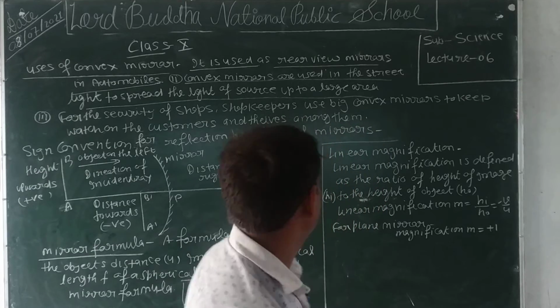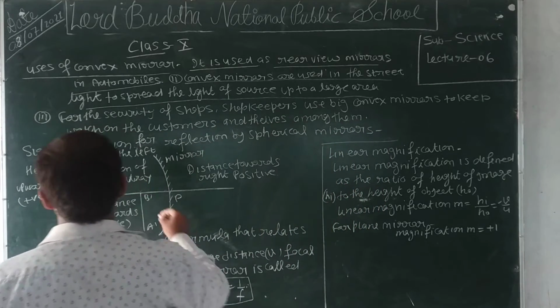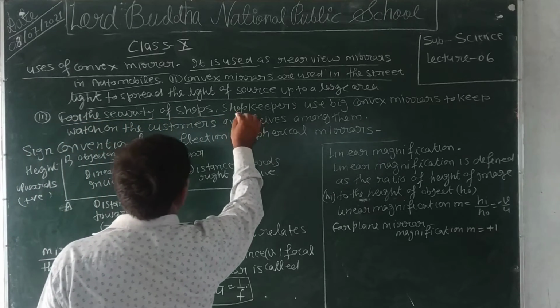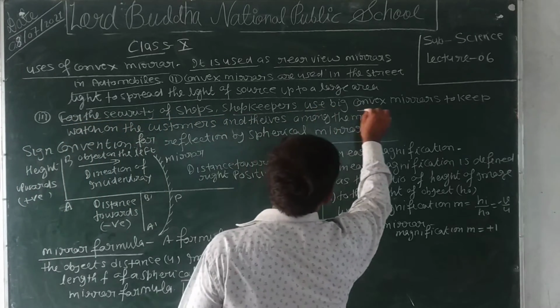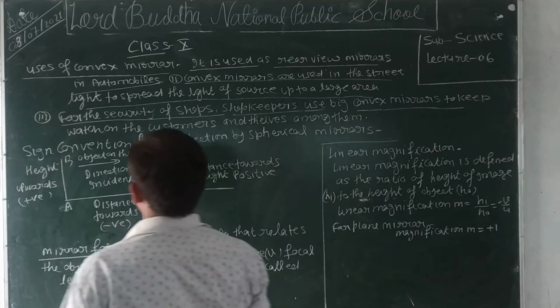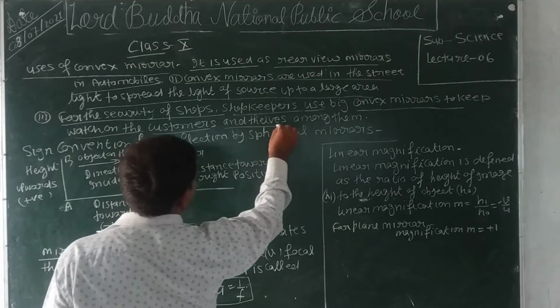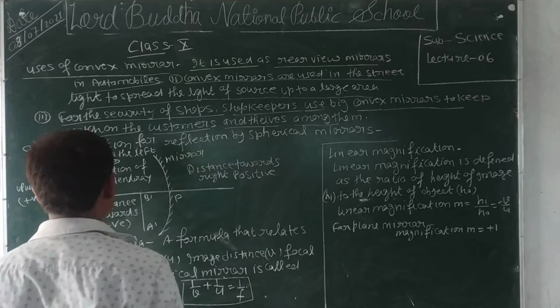The next one is for the security of shops. The shopkeeper uses big convex mirrors to keep watch on the customers and queues among them.